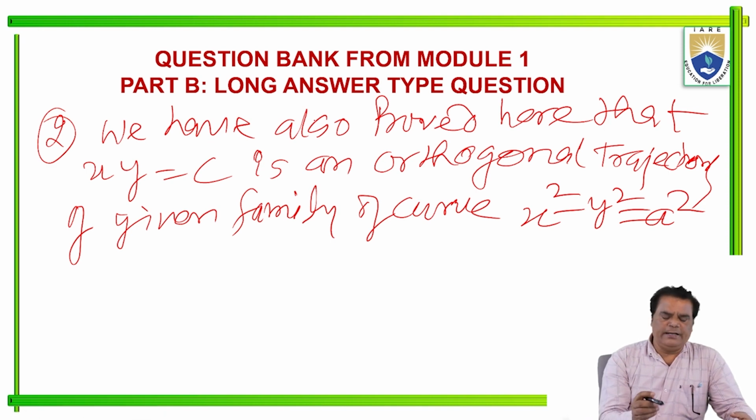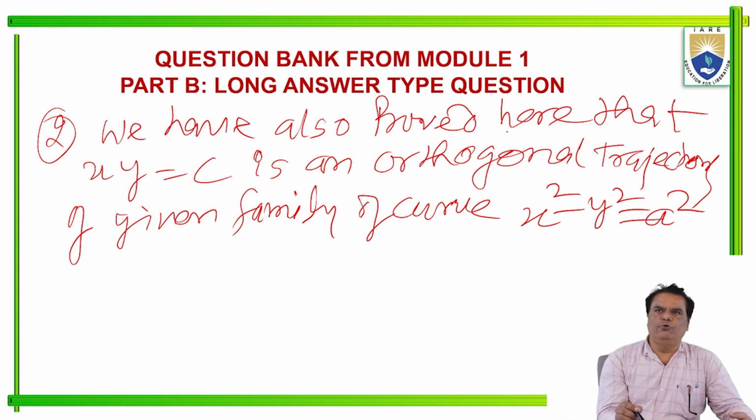We have proved here also that xy equal to c is an orthogonal trajectory of the given family of curve. This is the second result.